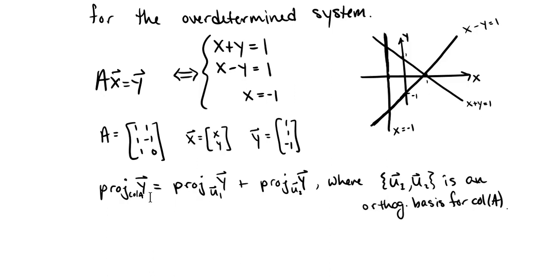We've seen that to project onto a subspace, we really just project onto each orthogonal basis vector in some orthogonal basis for that subspace. So that's what I've got written out here.